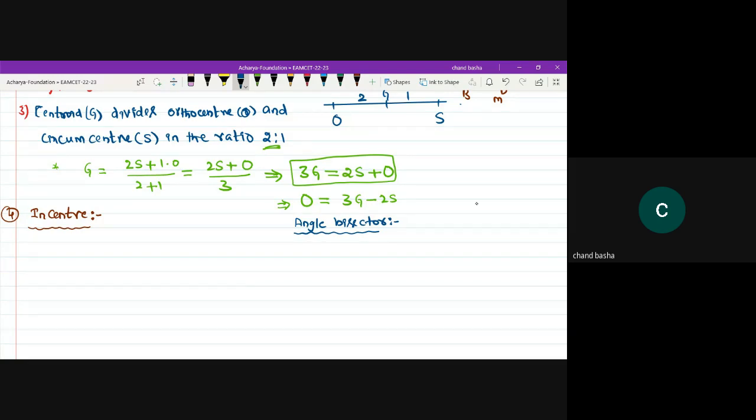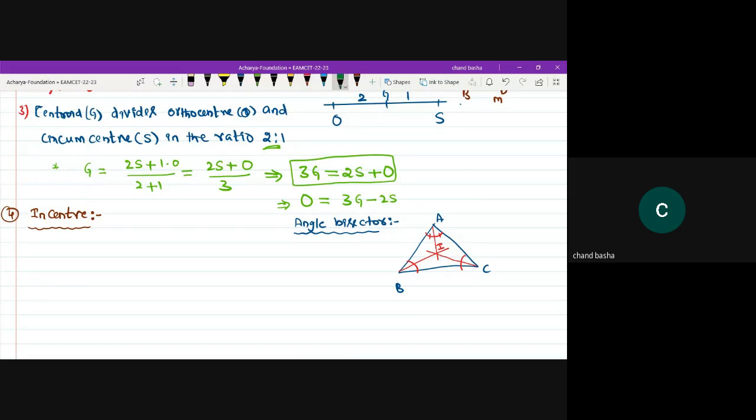Suppose this is your triangle with angle A, angle B and angle C. A line dividing angle A into two equal parts, similarly for angle B, two equal parts, and for angle C, two equal parts. Their point of concurrency is called the incenter. Got it?